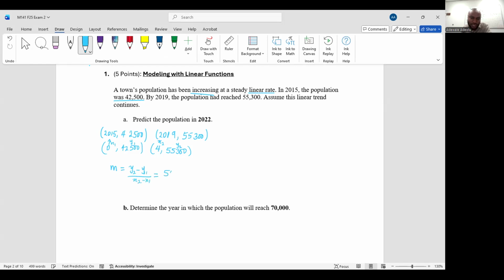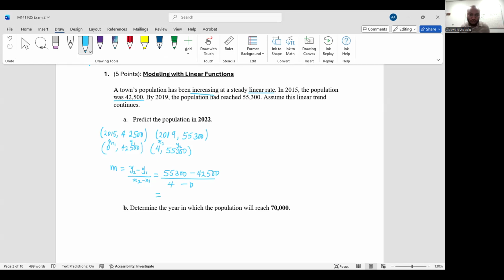And that is 55,300 minus 42,500 divided by 4 minus 0. Some people might use 2019 minus 2015. You still get 4, but you need to be careful when you use something like that.